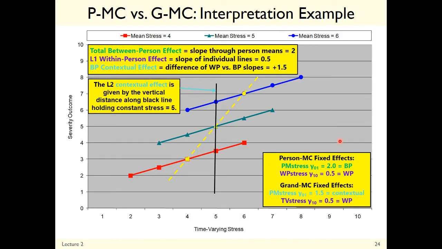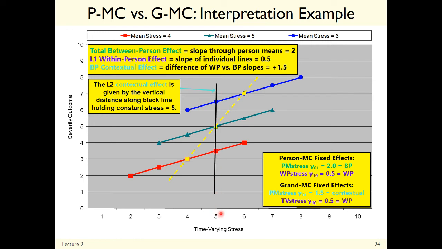Here's a picture. So this is on the x-axis time varying stress. The slope through the person means is still the between person effect. The slope of the individual lines is still the within person effect. But now the slope, if you can say that for a vertical line, is given by this line right here. This is the contextual effect.